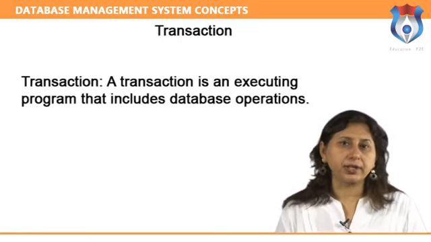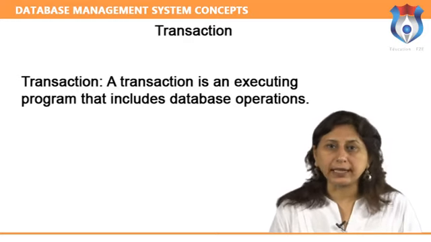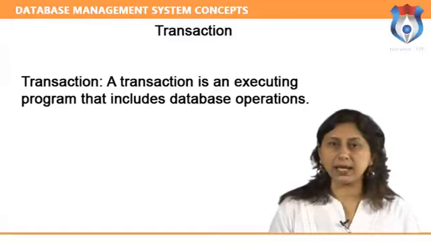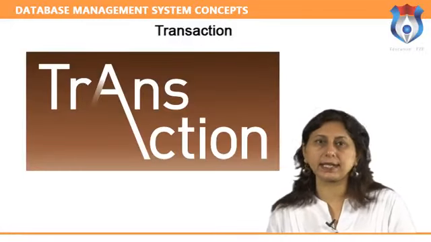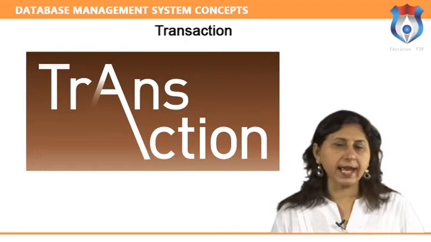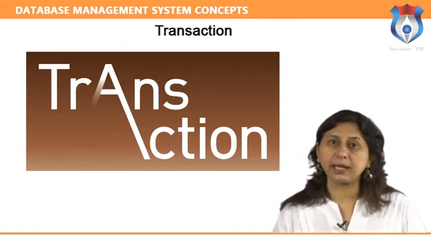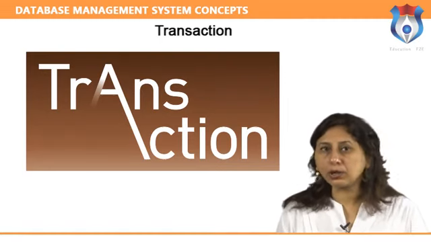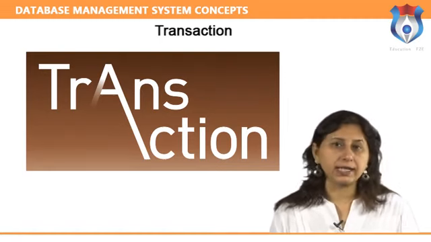A transaction is an executing program that includes some database operations such as reading from the database or applying insertions, deletions, or updates to the database. At the end of the transaction, it must leave the database in a valid or consistent state that satisfies all the constraints specified on the database schema.